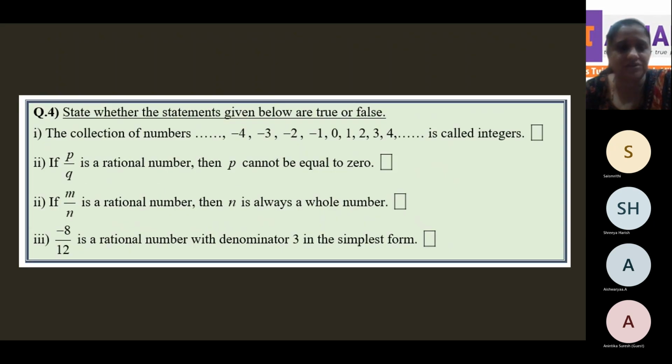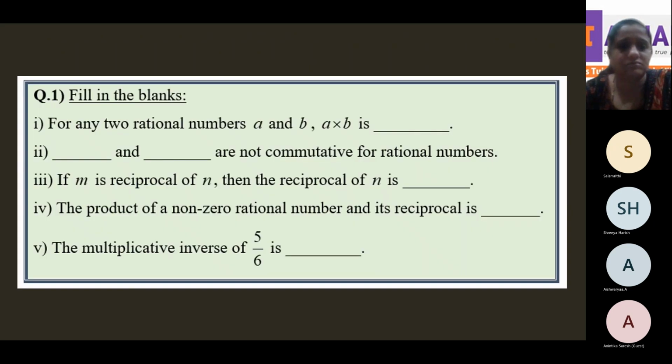Okay, these we finished yesterday. Yes, children. For any two rational numbers A and B, A into B is?